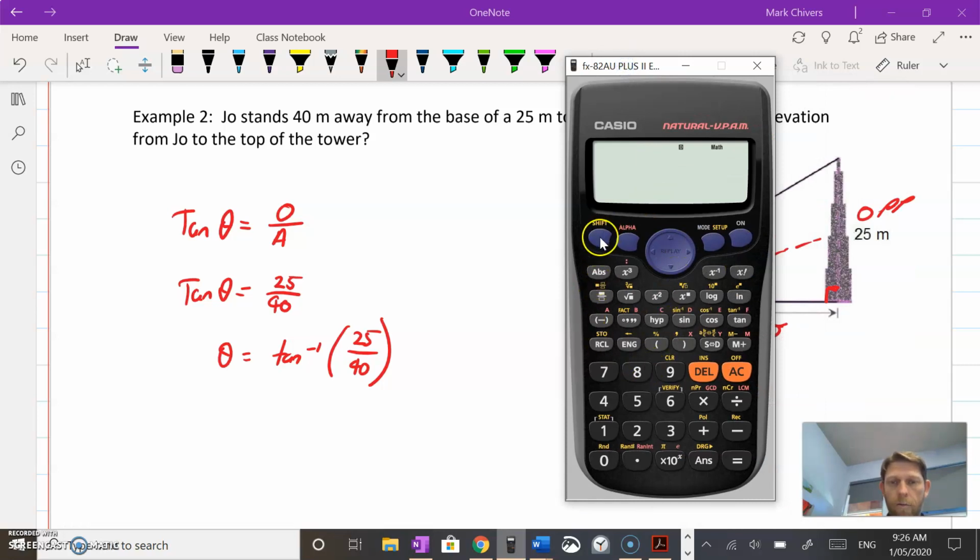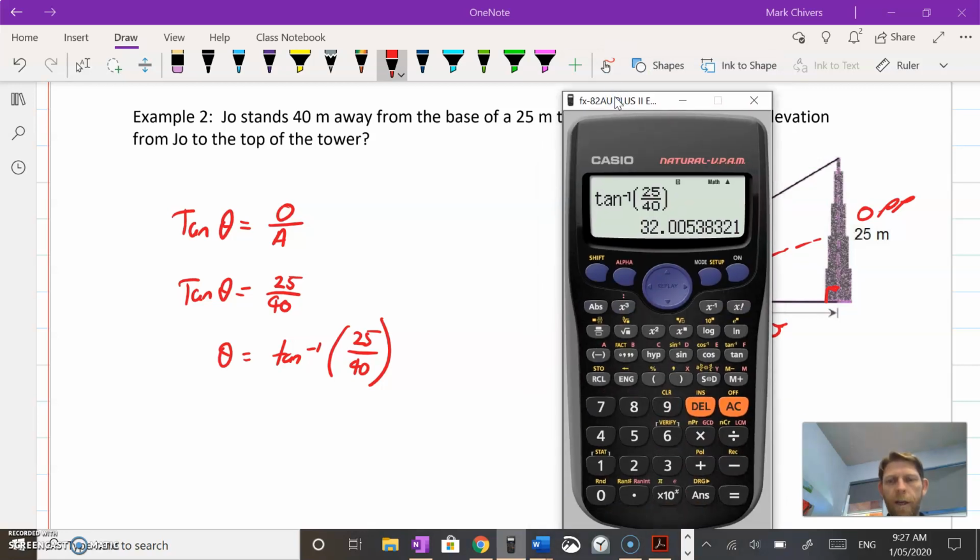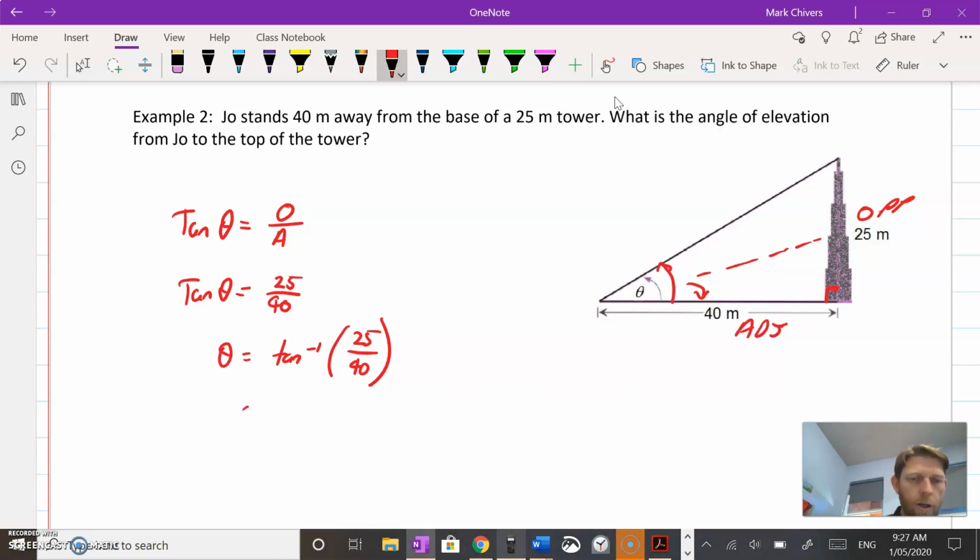Remember, shift tan to get an angle, 25 over 40, close my brackets, and my answer is 32 degrees. It just says what's the angle of elevation. Given it's so close to 32 degrees exactly, we'll just round it to 32 degrees, and we'll write that's to the nearest degree.